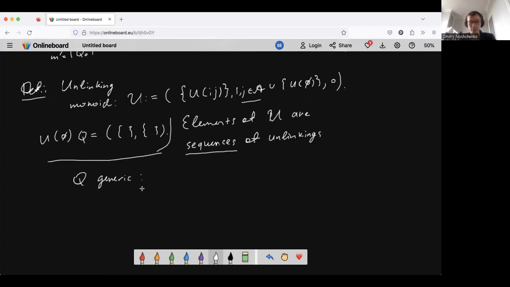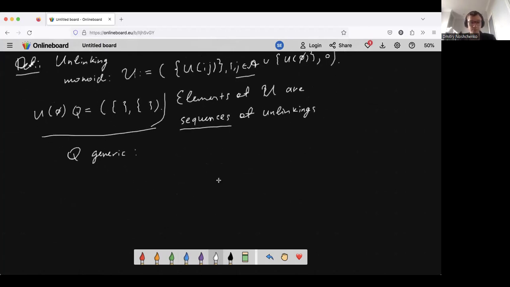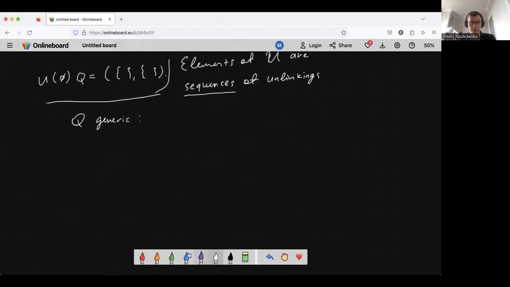The first thing that we can ask is what happens if we hit some generic quiver by unlinking U_ij, but after that we unlink by some other pair of nodes, like k and l?